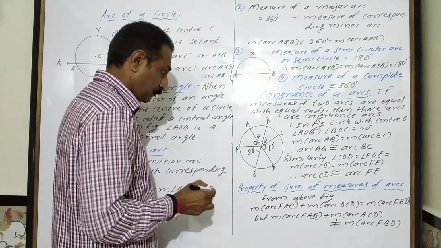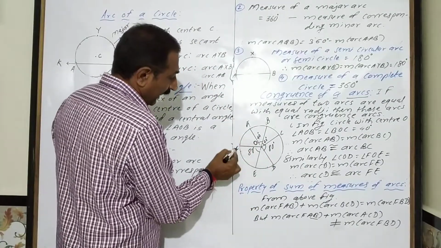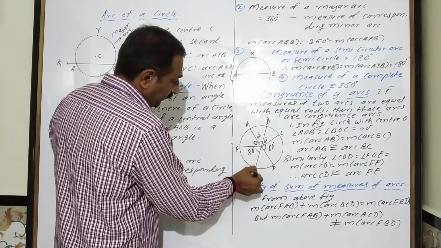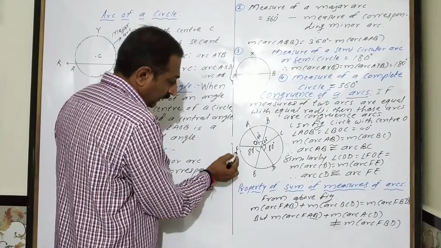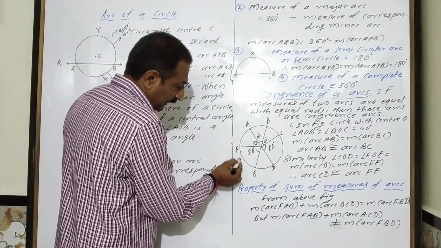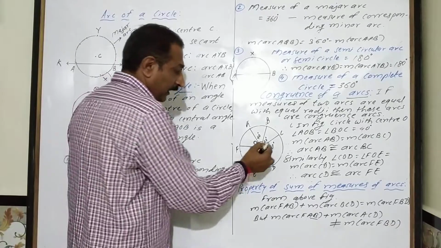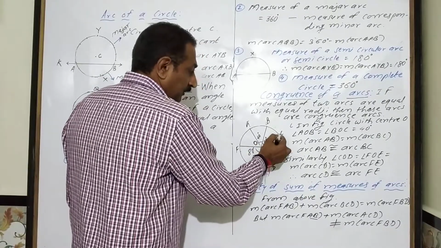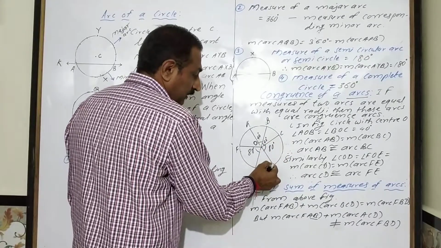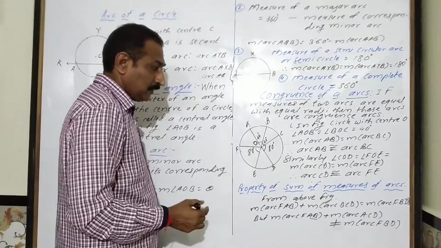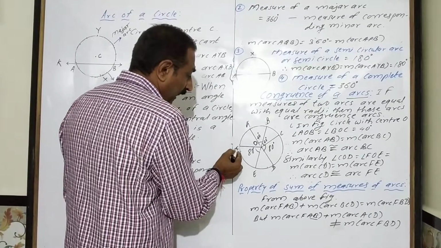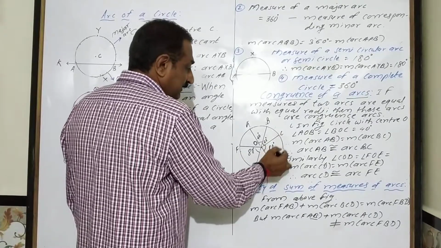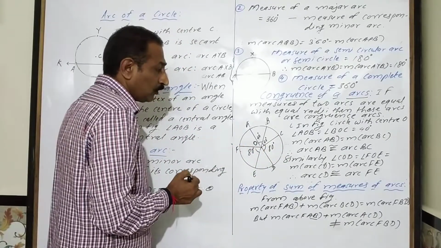Similarly, from the figure, angle FOE is 80 degrees. Hence measure of this arc, means FE, is 80 degrees. Again angle COD is 80 degrees. Therefore measure of arc CD is 80 degrees. Means arc FE and arc CD are congruent arcs.